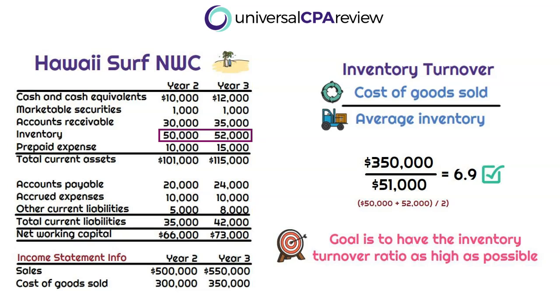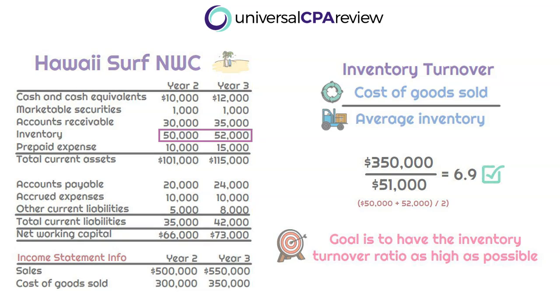And this reduces the risk of obsolescence, and overall, they're getting cash back faster from that investment they made, right? So similar to days in inventory, but this is just another way to assess how quickly a company is flipping through their inventory.